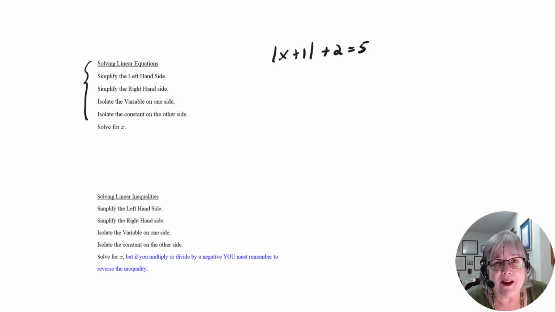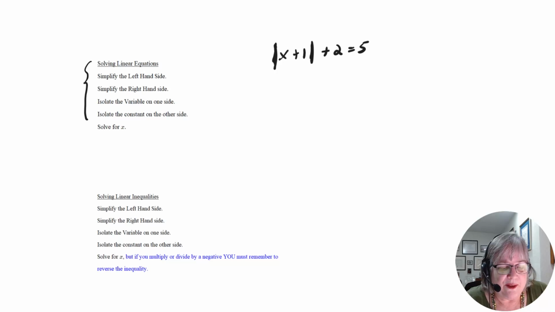So no, we cannot add inside. We can't multiply inside either. Can't subtract from the inside, can't divide from the inside. So this is sort of like a brick. We just have this brick right here that we can't touch on the inside until we clean up everything on the outside. So there's nothing to simplify on the left. There's nothing to do on the right either.